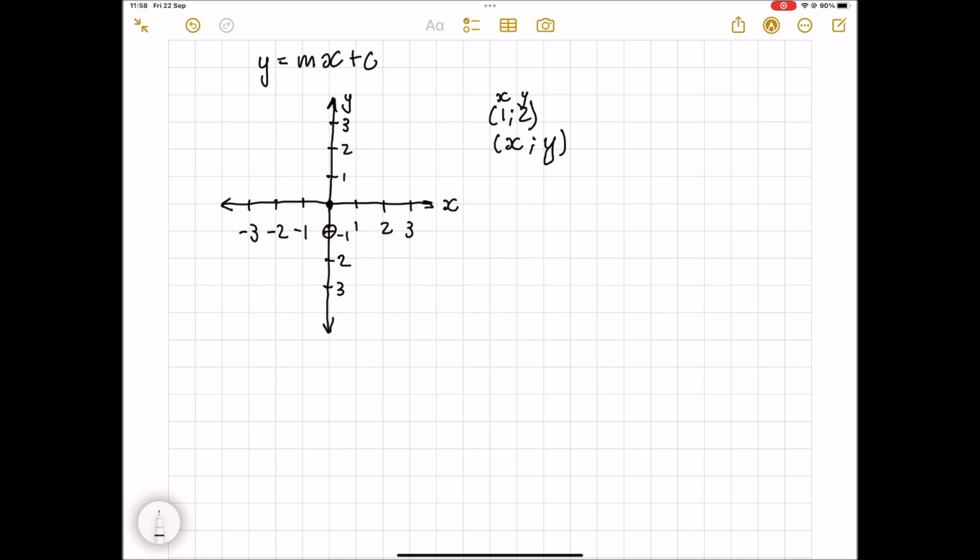So you go into your x-axis, you find where x is equal to 1, which is over there. And then you go to the y-axis, which is at 2. So your coordinate is going to be there at where x is 1 and y is 2.